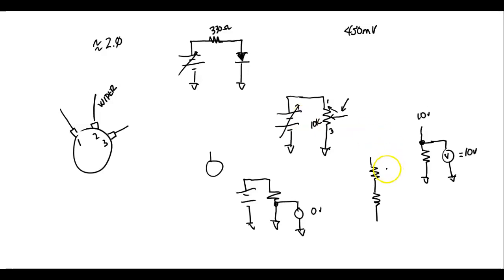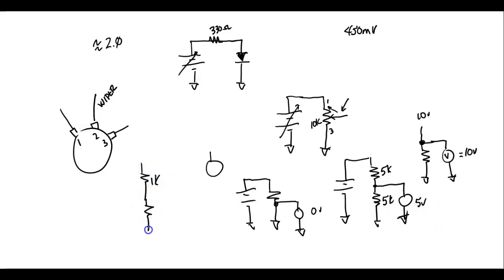So if this is 10K and I put 5K right there and 5K right there, and then I put my meter right here, what would it measure? It measures 5 volts. But what if I adjusted and got 1K up here, down here I get 9K.